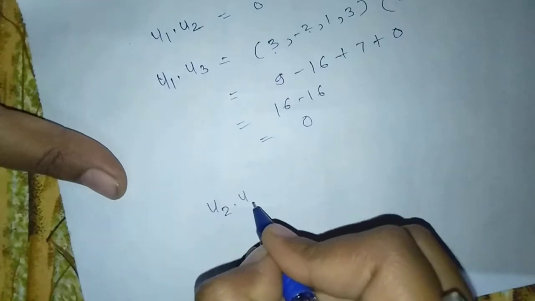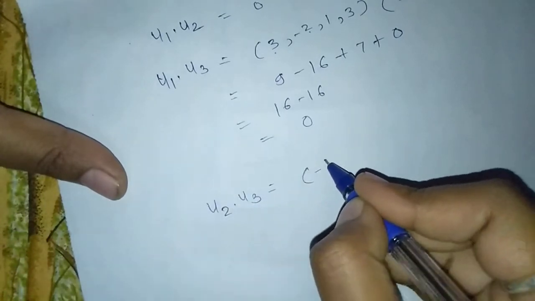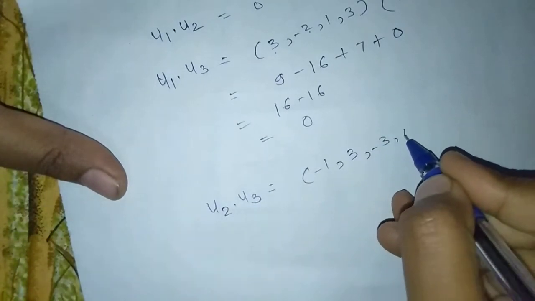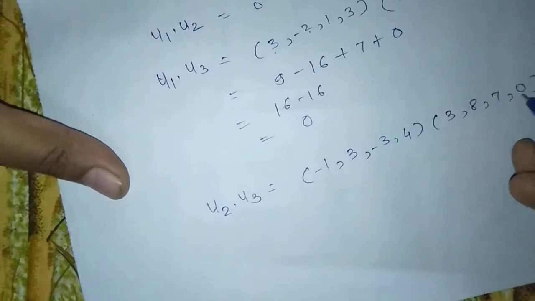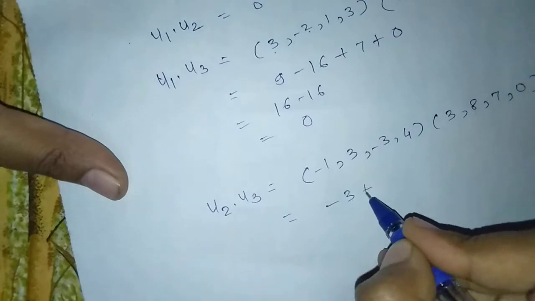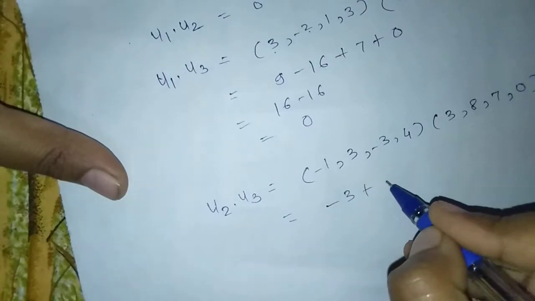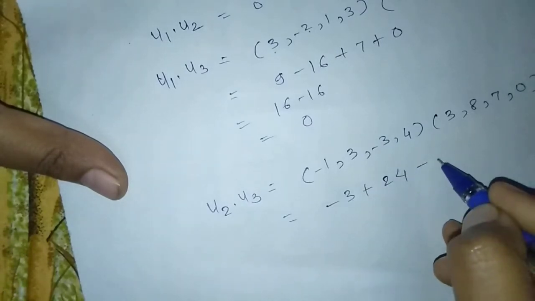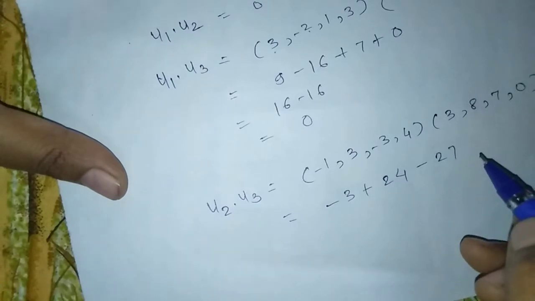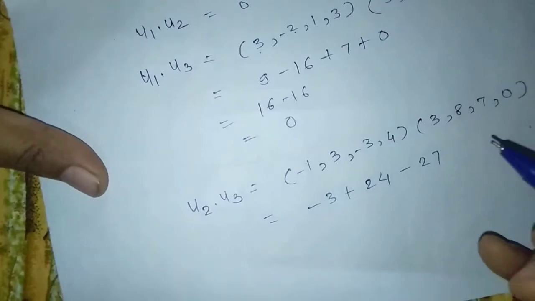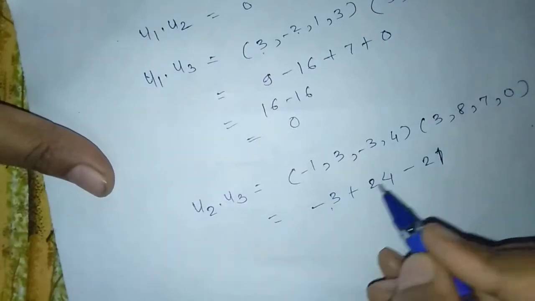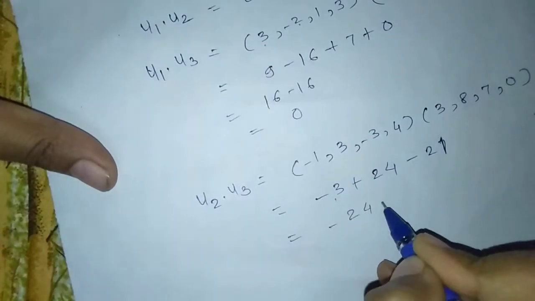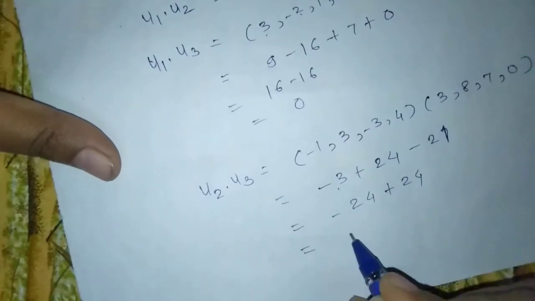Next u2 dot u3, u2 is (-1, 3, -3, 4), u3 is (3, 8, 7, 0), equal to -3 plus 24 minus 21. Sorry, minus 21. So -3 minus 21 plus 24 is equal to 0.